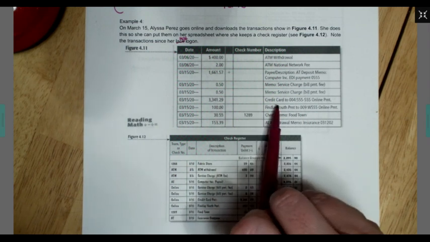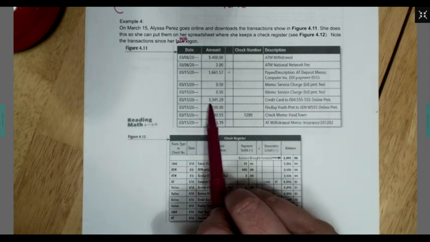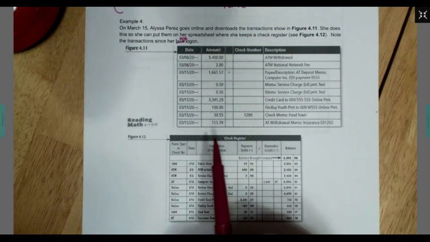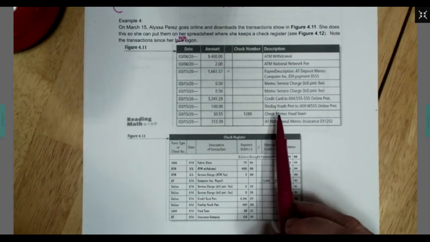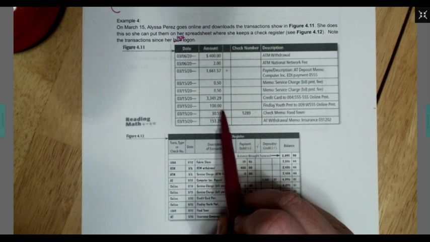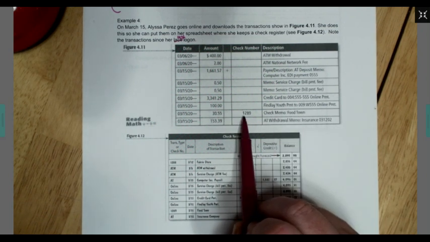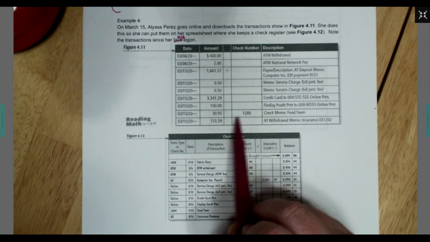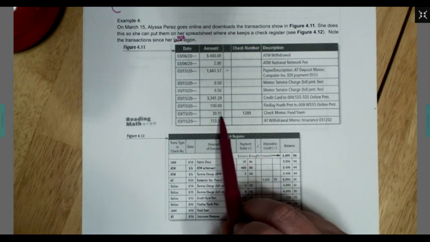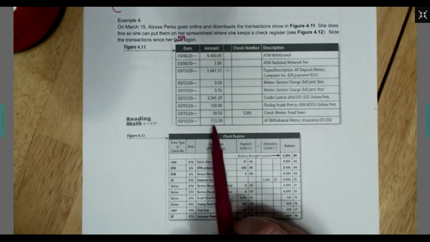She had a deduction for a credit card online payment for $3,341.29. She had an online payment of $100. She had a check that she wrote, which was check number 1289 for $30.55. And then she had insurance withdrawn for $153.39.